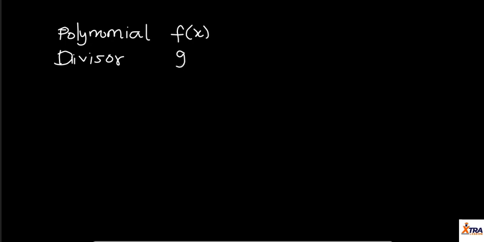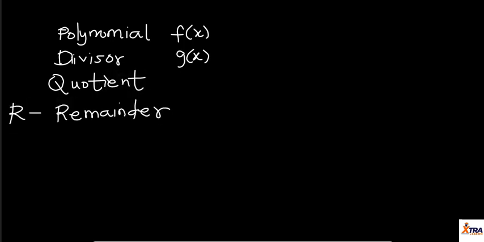So first of all, when we talk about division of polynomials, we look at a polynomial f of x that we are dividing by a divisor. Let's call this g of x. We get a quotient, that is the value we get, and then a remainder, let me say r.